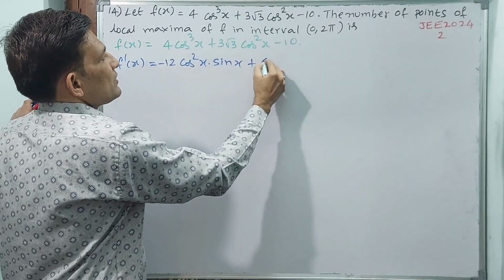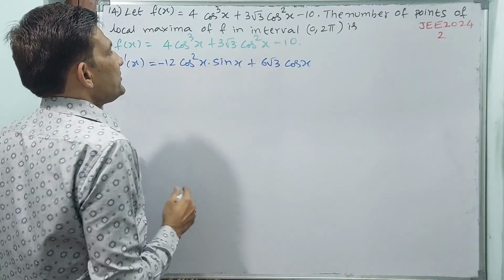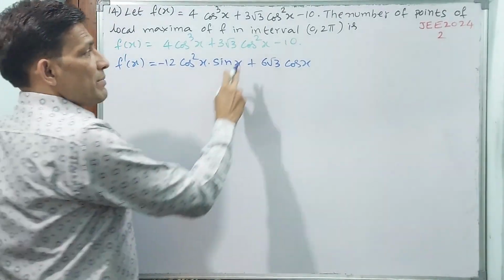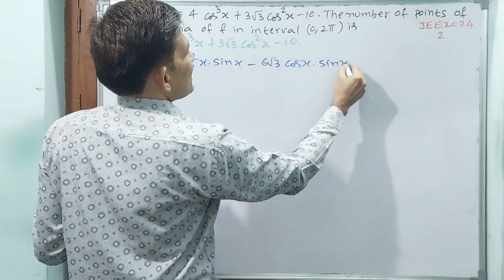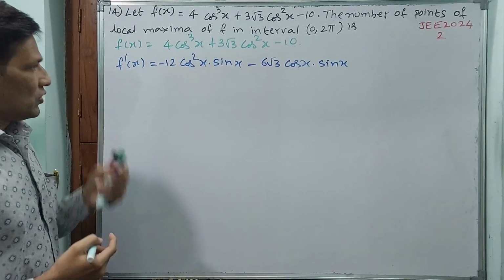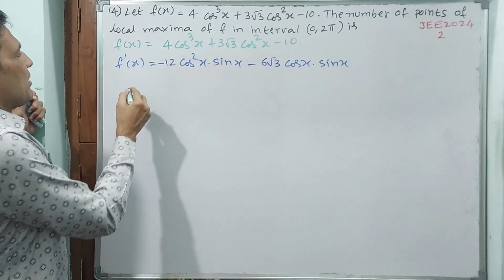3 into 2, 6. 6√3 cos x, d by dx of cos x is minus sin x. Minus sin x, and the derivative of 10 is 0. This is the first derivative, and I am segregating it properly.